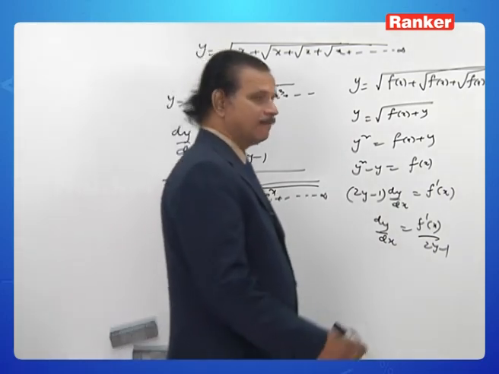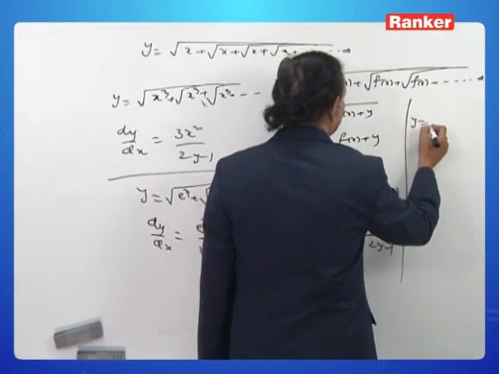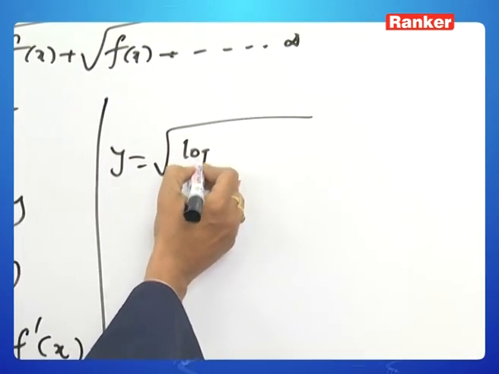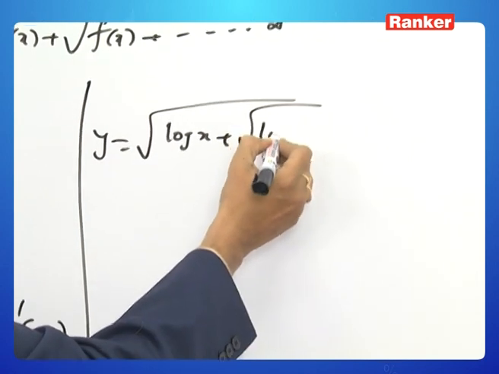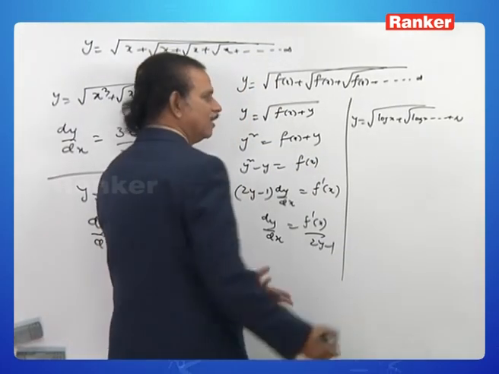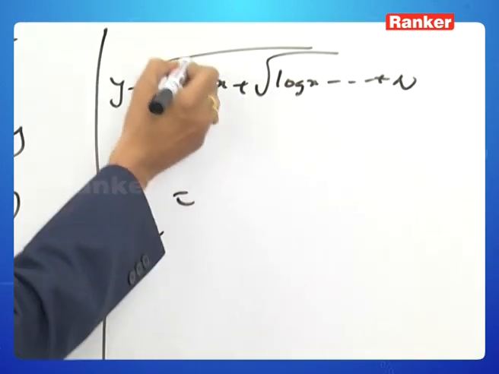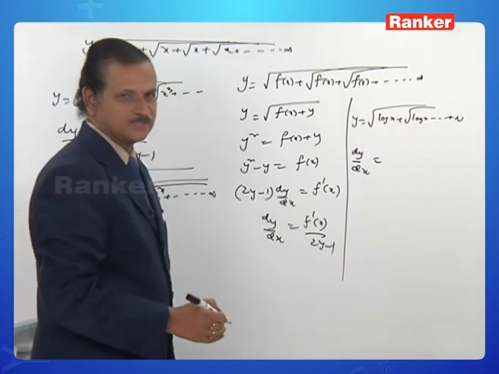Shall we have one more such problem? Why not? Take y is equal to root of log x plus root of log x plus root of log x plus etc., infinitely many number of times. What is dy by dx? F of x is log x, f dash x is 1 by x.